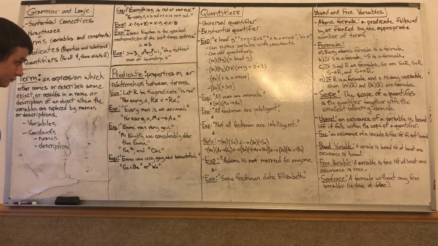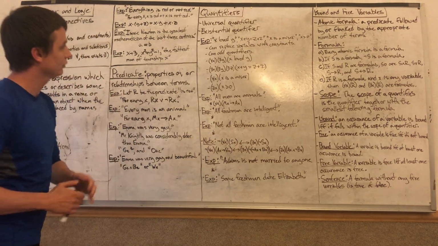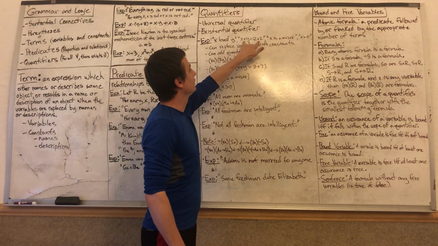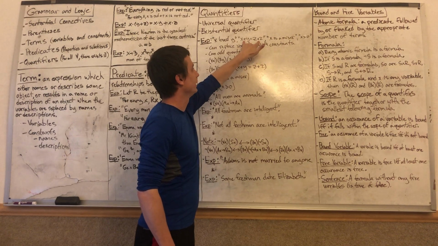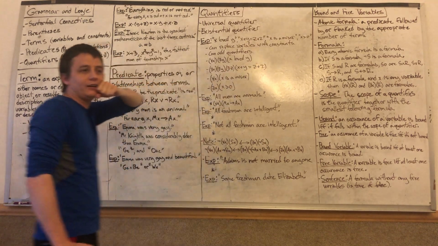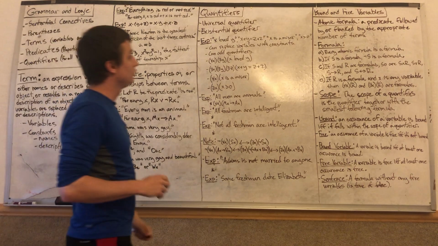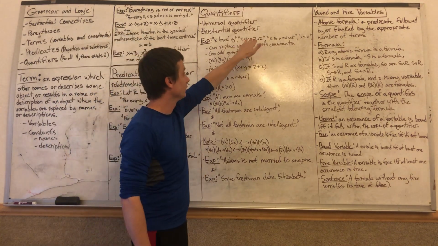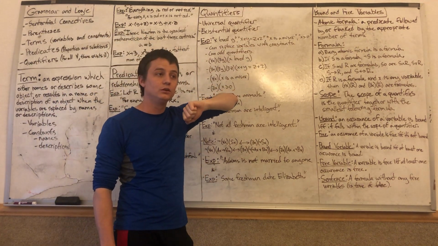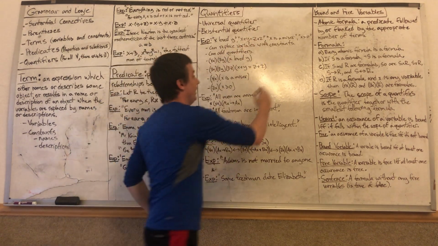So the amazing thing about quantifiers, let's look at an expression. Look at this: x plus y equals z plus 2. Is that a sentence? Can we determine if that's true or false? Well, it depends if you know x, y, and z. Right, so that's one way that you can do it. One way is, if we take all our variables and we replace them with constants, we can then determine if this is true or false. Same thing with x greater than 3.